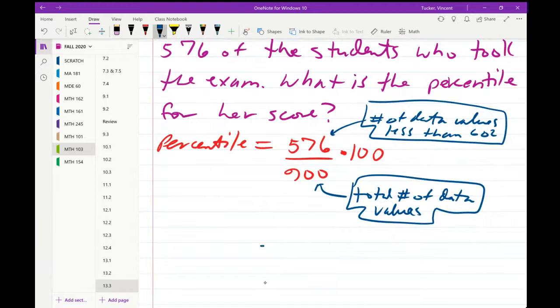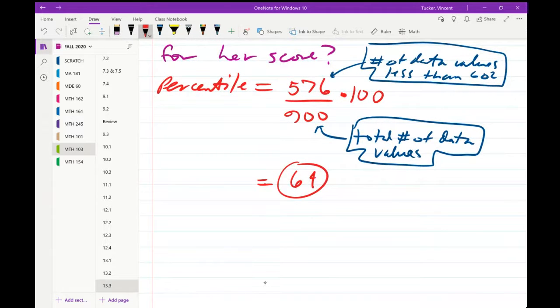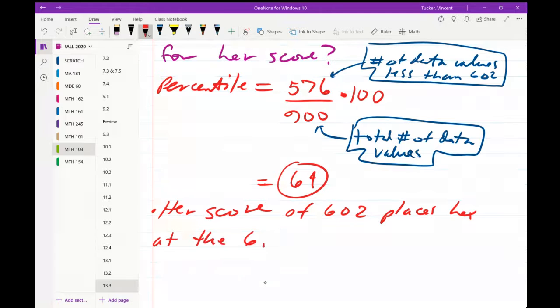And you just multiply that by 100. And we should get 64. So her score of 602 places her at the 64th percentile.